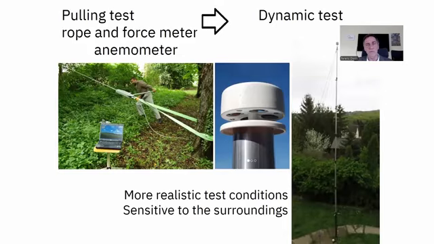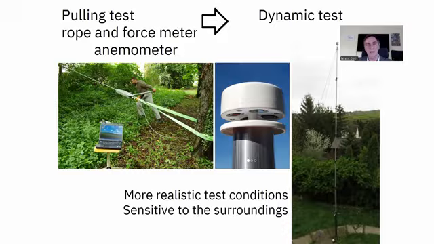The pulling test has a number of limitations. Sometimes it is not easy to find an anchor point to fix our rope. Whenever there are no other trees nearby, within 30 to 50 meters, we need to use a heavy lorry. The pulling test is a static load, but the wind is a dynamic one. So we slightly modified the pulling test.